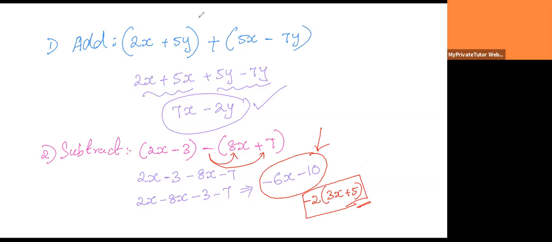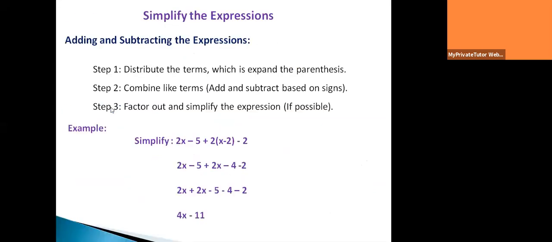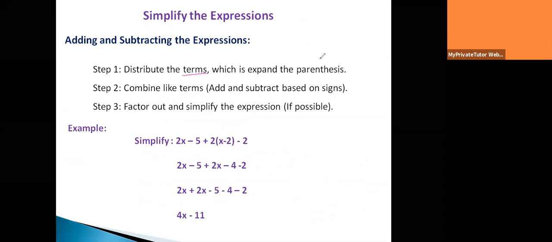Okay, hope you guys are able to follow me. Have a look at the definitions. Whenever you simplify an expression, which is nothing but adding or subtracting, with an algebraic expression, what do you do first? Step 1: if there is any distribution, please distribute the terms, expand the parenthesis.